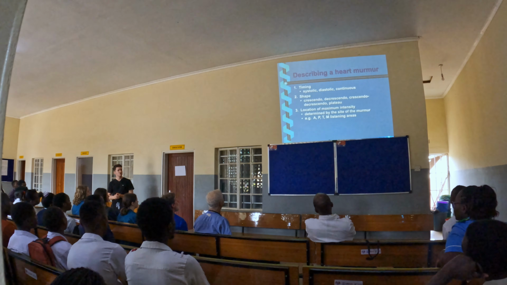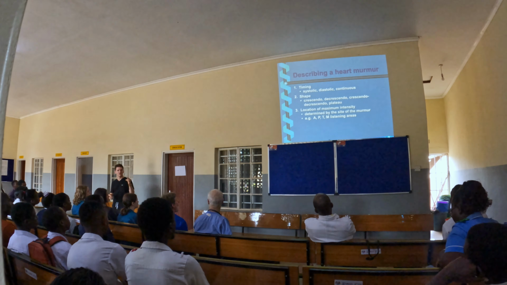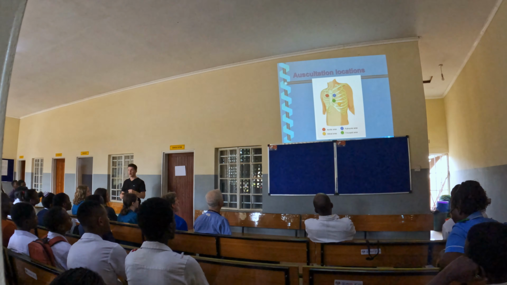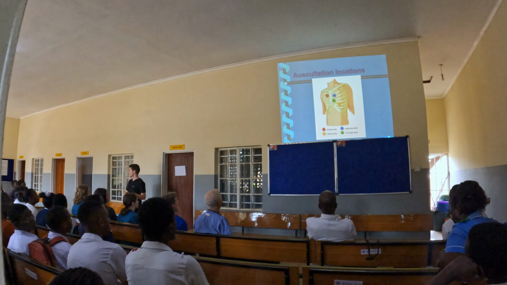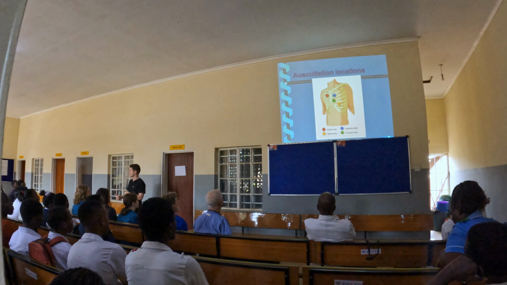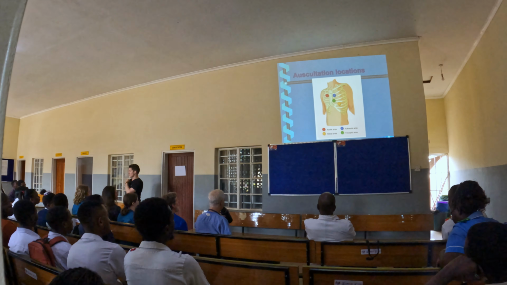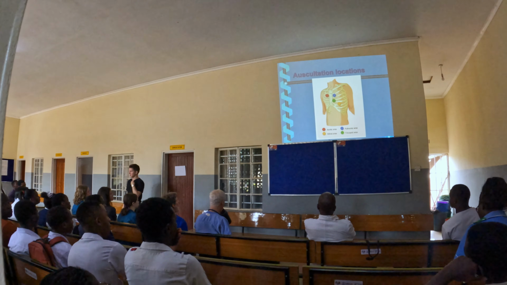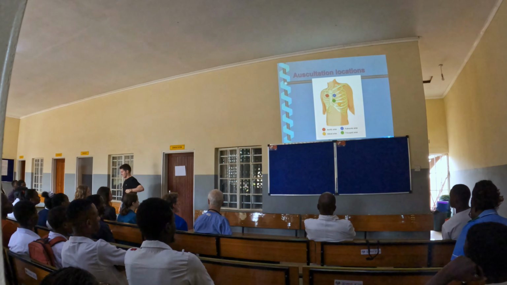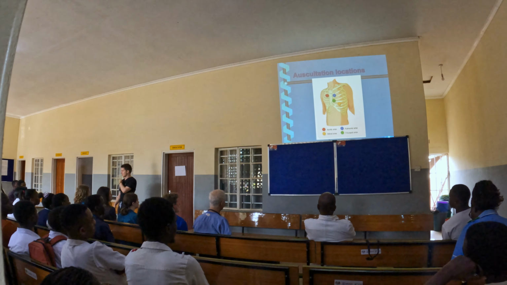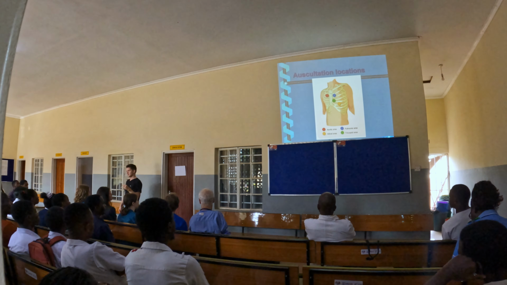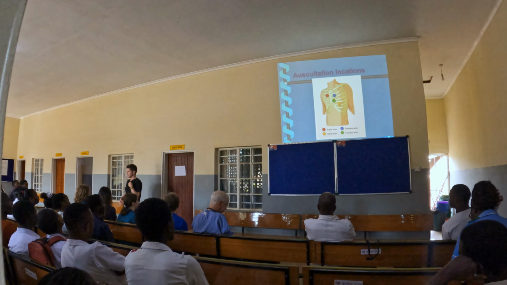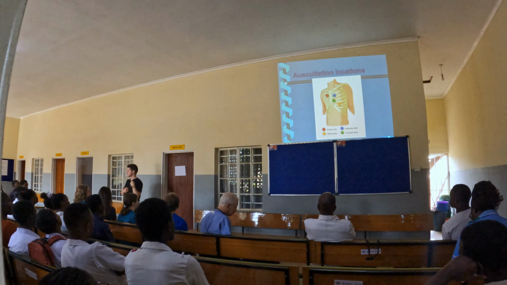The next thing is the location of the murmur. We can go to the next slide on this. So when looking at a murmur, there are different locations you want to listen to on your standard cardiac exam. You want to be listening in the aortic area, pulmonic area, tricuspid area, and mitral area. Those follow the directions of blood flow, and you can hear each of those valves. In pediatrics, additionally, you'll also want to be listening along the left sternal border as it goes down.